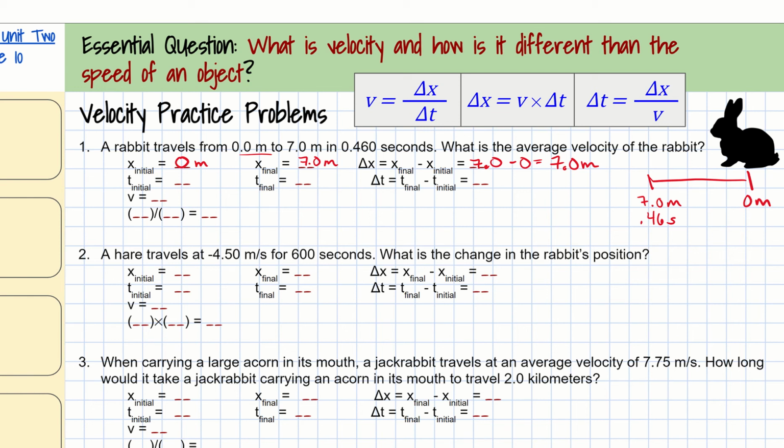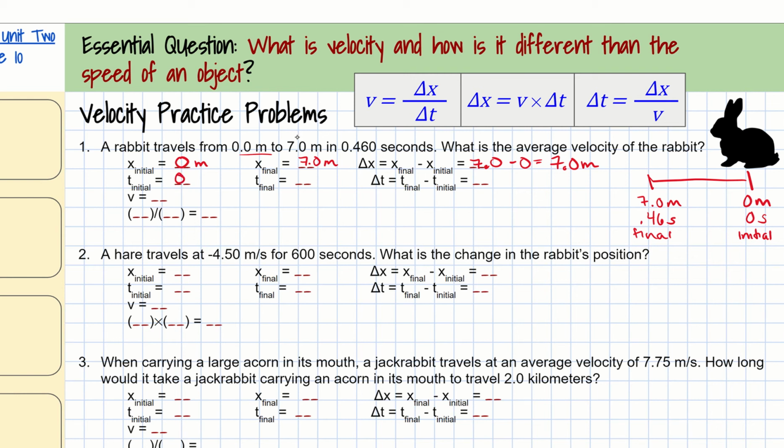Then we also are given some information on the time. We know it took 0.46 seconds. So if we're at 0.46 seconds over here at 7 meters, then at 0 meters, that was when the stopwatch was started, so the initial time would be 0 seconds. Here in our picture, over on the right are our initial conditions, and over on the left are our final conditions.